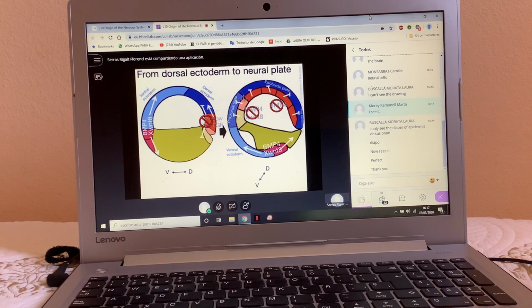So epicaudal and precaudal. Precaudal, pre means before. Now this is the notochord, and the ectoderm on top of the notochord is going to be the epicaudal plate, and the ectoderm on top of the head mesoderm and head endoderm is going to be the precaudal plate, and both are the neural plate.